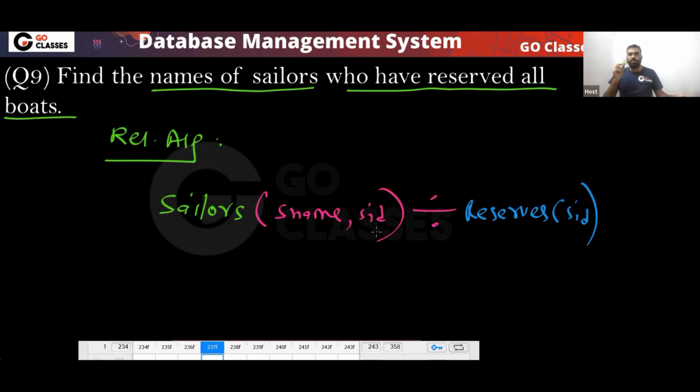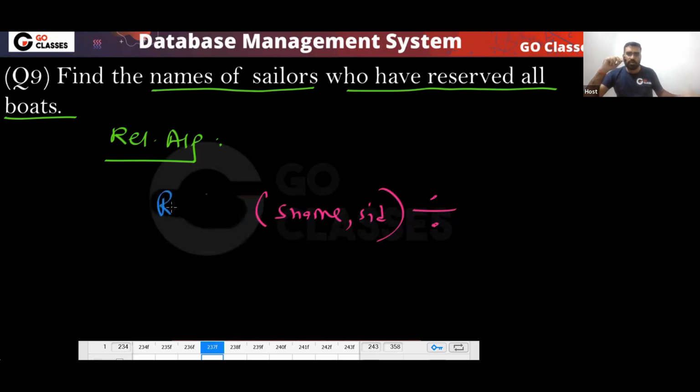Okay. So who have reserved all the boats? We need the boats table. Find the names of sellers who are reserving all the boats. So from the reserves table, SID, BID, and from the boats table, BID.